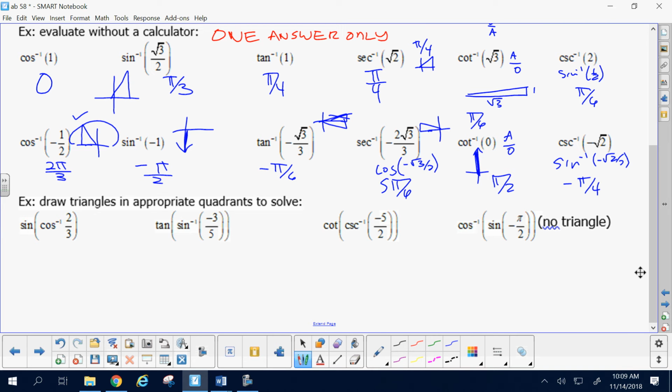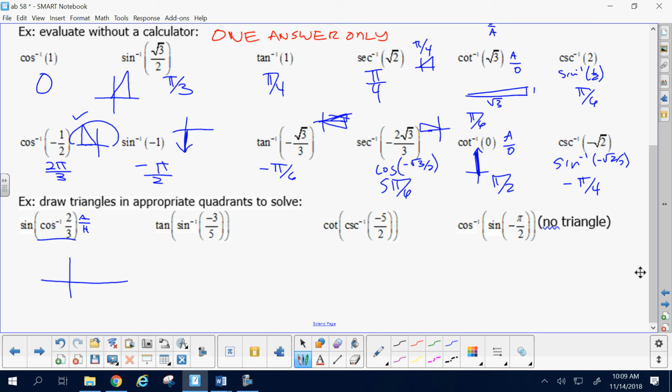Okay, last but not least, these are more typical in other trig textbooks. This is just commonplace in others, but ours doesn't do a ton of it here. The idea is that the inside governs or manufactures some kind of picture, and then you take the trig on that picture. Now, this is an adjacent to hypotenuse ratio of 2 to 3.